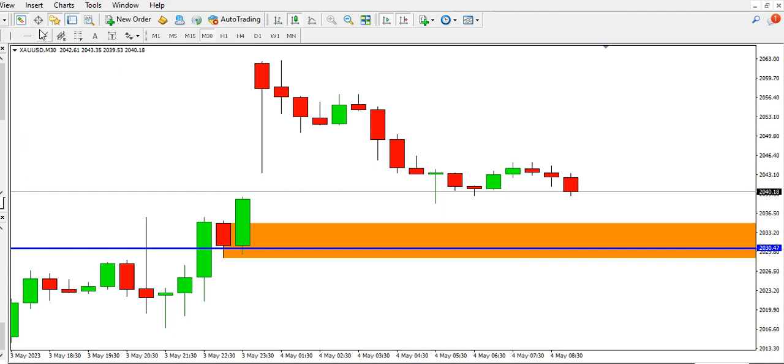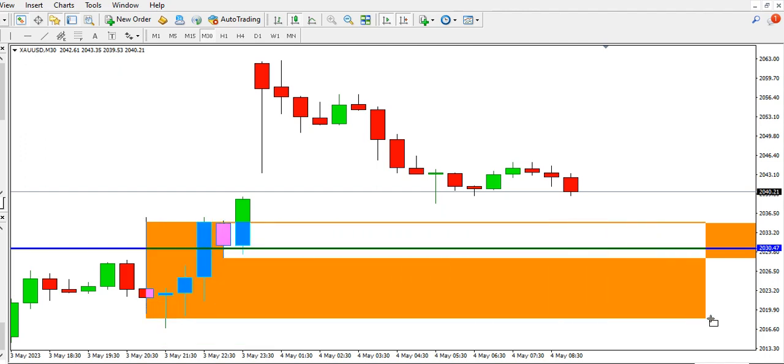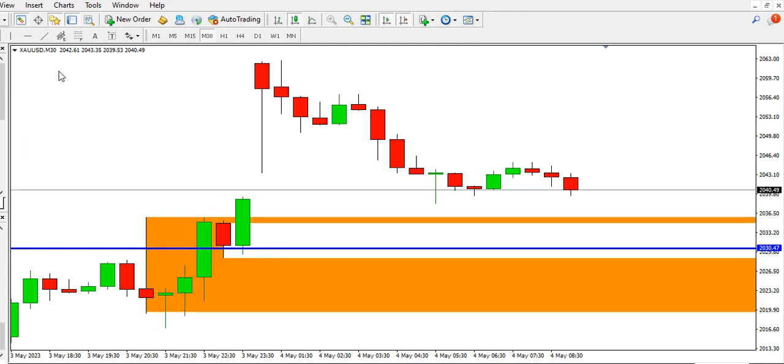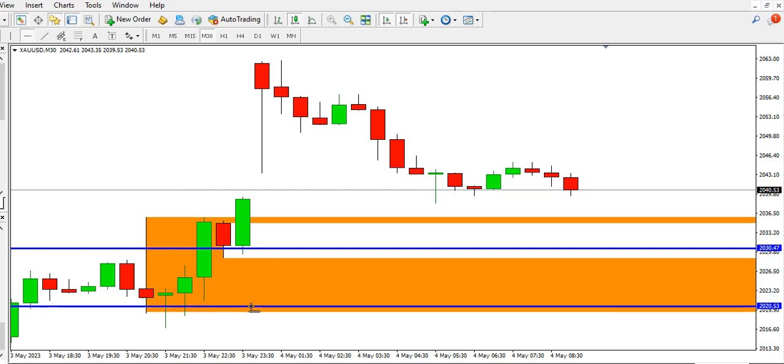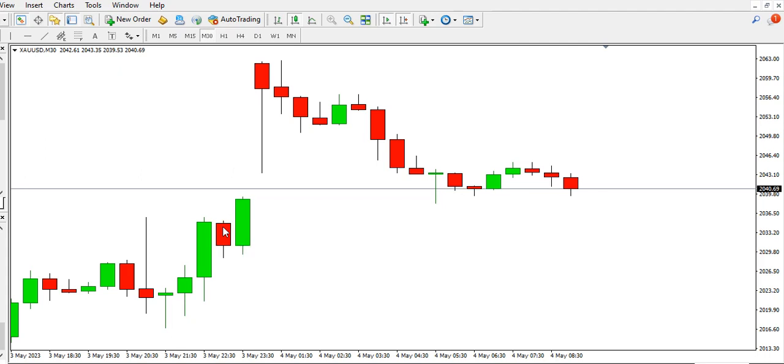There's another support around here, another block, around the 2020 area. So just look for scalp opportunities, scalp some pips here, scalp some pips there, but look more for sell opportunities. Look to sell.